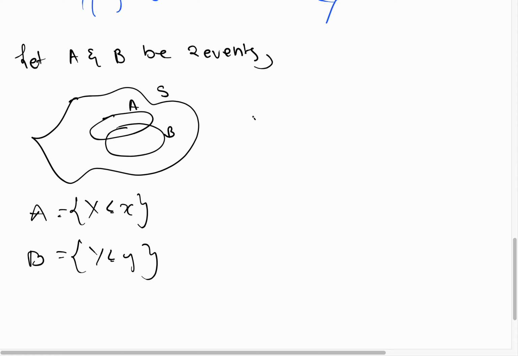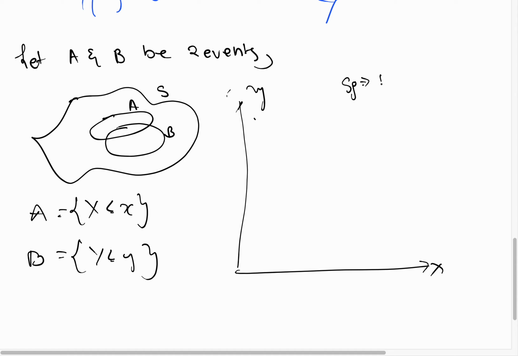So let me plot it here in my xy plane. This Sj is our joint sample space, right. If I take X less than x, so if I have my value of x here and I draw a boundary here, guess what X less than x is going to be? It's going to be here.